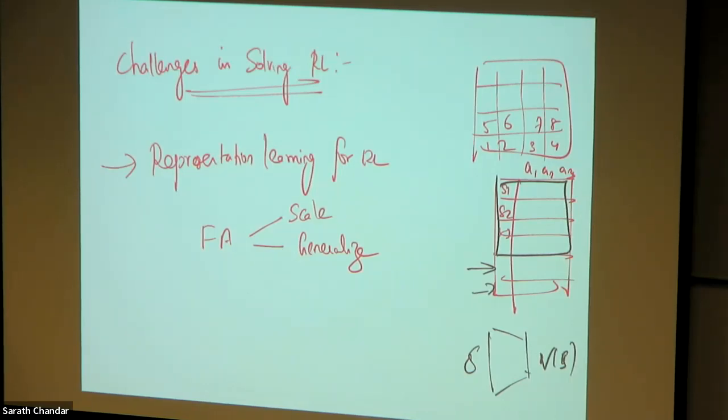Okay, so there are some answers in the chat. I think the answer is more about state aggregation. Well, it's kind of a naive function approximation, right? But that is what I mean by scale here.